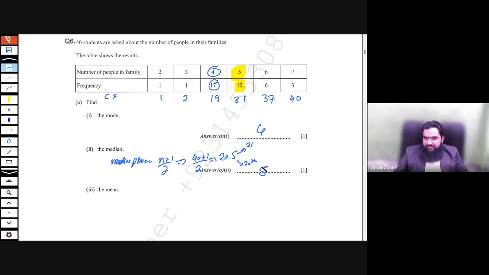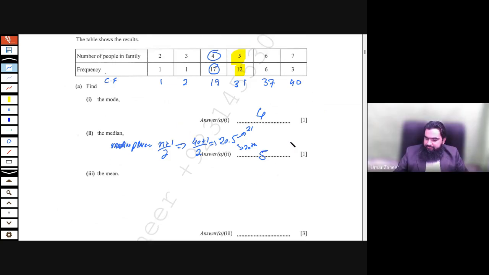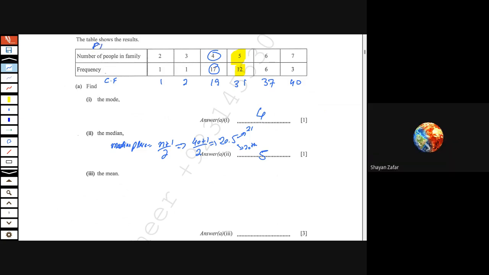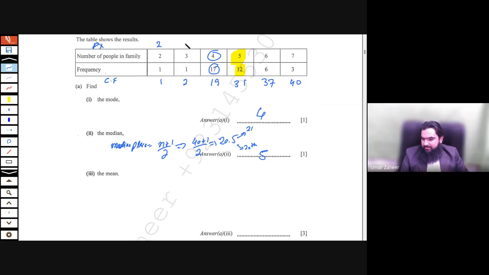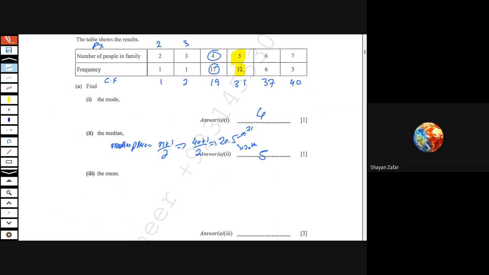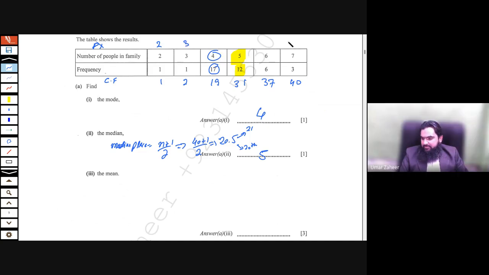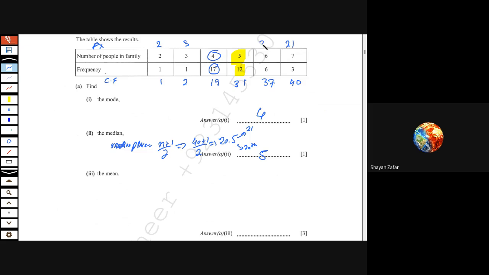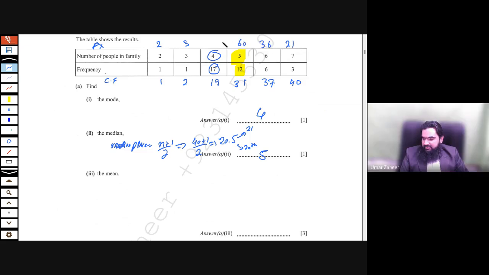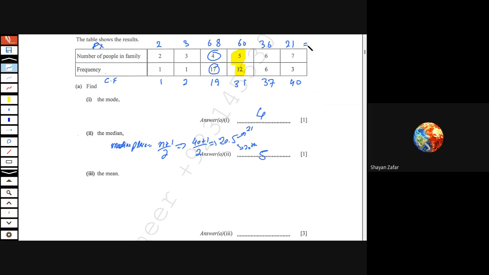Now the next one is we have to find the mean. In the mean we have to just find the product. So 3 multiplied by 1 is 3. 4 multiplied by 17 is 68. 12 times 5 is 60.